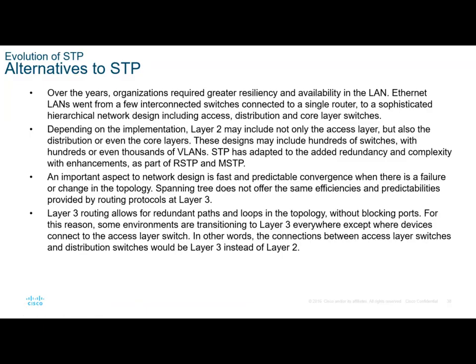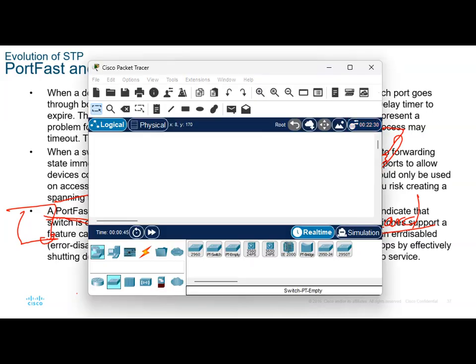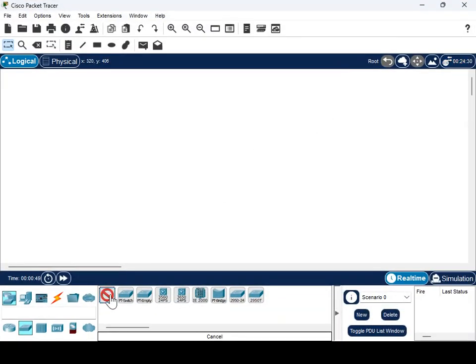So I'm going to show you PortFast and then BPDU guard, some examples there. Okay, so this is my Packet Tracer. Then I'll pick a switch, maybe another one.